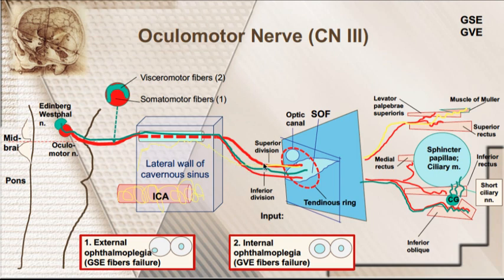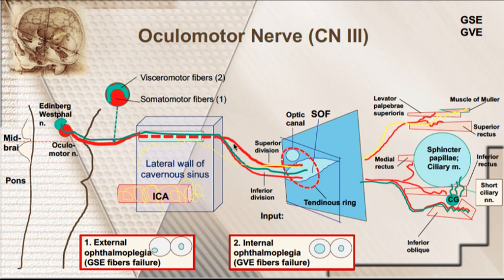In fact, the superior division of the oculomotor nerve and the nasociliary branch of the ophthalmic nerve do carry sympathetic fibers. The thrombosis of the cavernous sinus or carotid cavernous fistula can cause a lesion of these nerves.